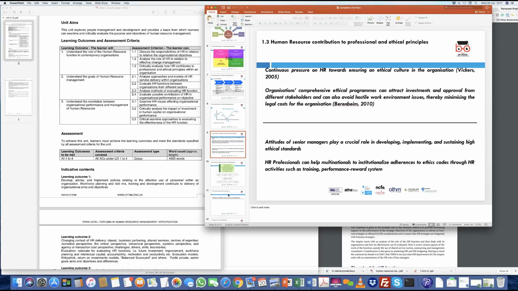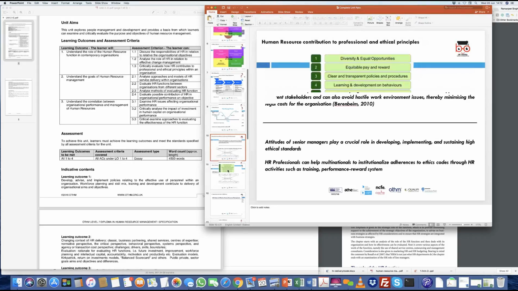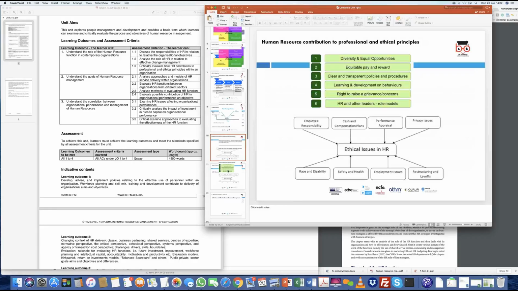Now, because HR is continuously dealing with issues related to manpower, staff, employees, whichever way you call it, they look at dividing it into different sections. So there are issues which are classified as ethical issues in HR, and these could be classified into 8 different types.